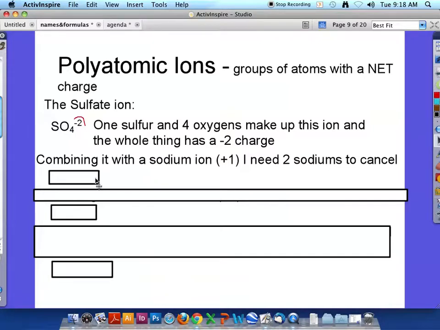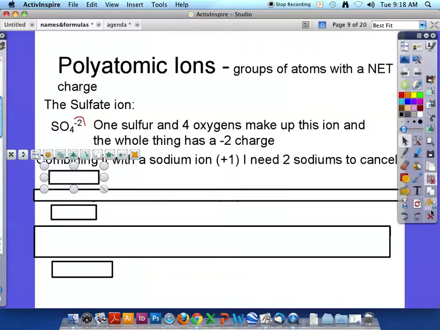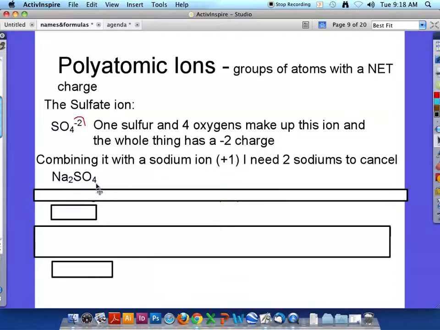Okay? 2 sodiums combining with the sulfate looks like this. Na2SO4. Notice I didn't change anything about the SO4. This -2 switch places with the +1 of the sodium.